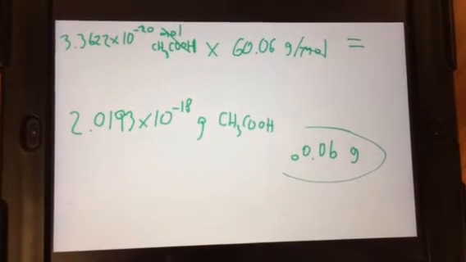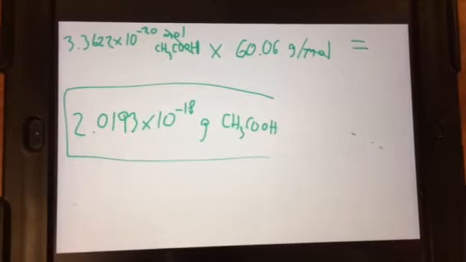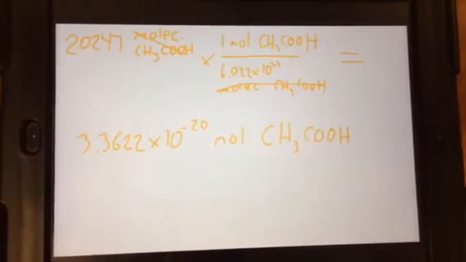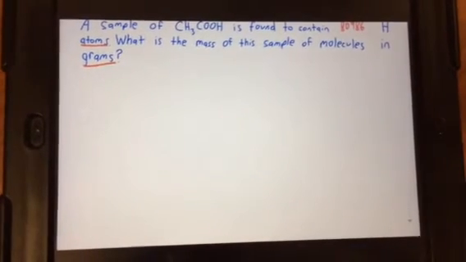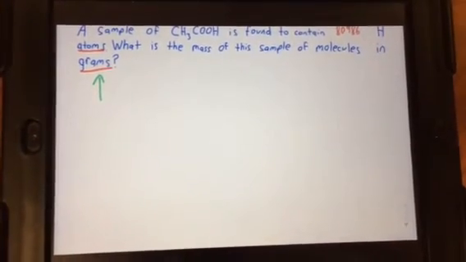And this is your final answer with the unit grams, and we can check back to the original problem and see that grams was in fact what we were trying to get to.